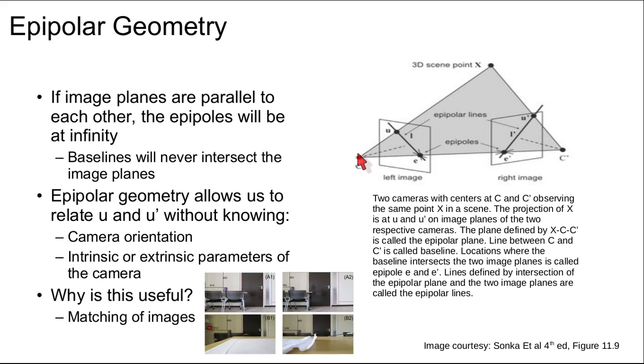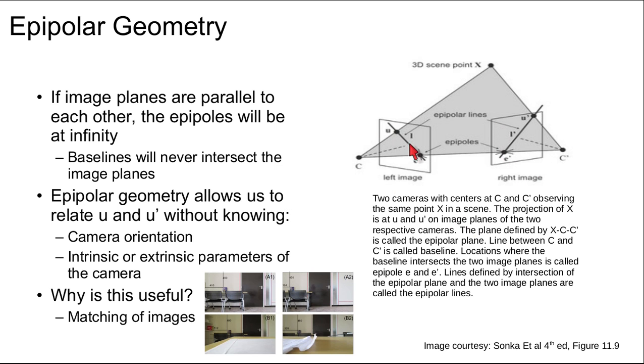And the place where this line intersects the image plane, so this is the image plane for the left camera, this is the plane where the left image is obtained, and this is the plane for the right camera. This is the plane where the right image is obtained. This point E is called the epipole of the image plane of the left camera, and E dash is the epipole of the right camera.